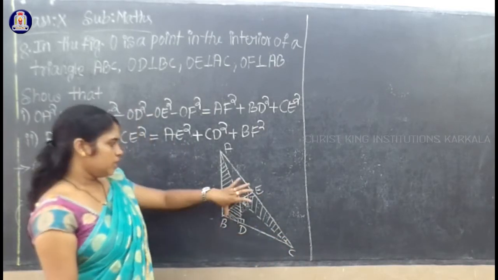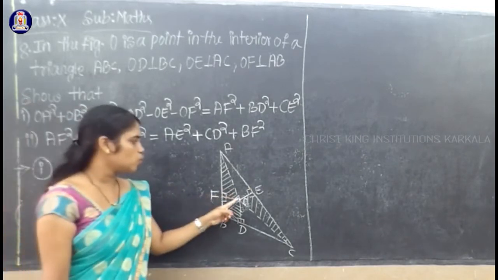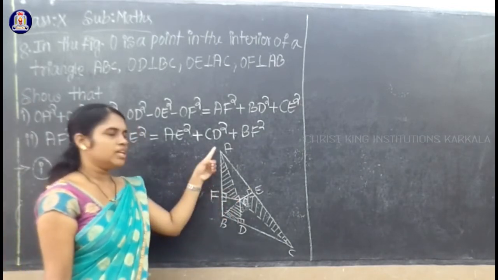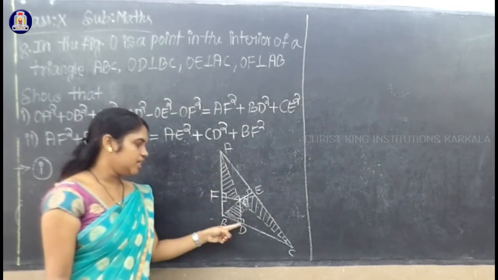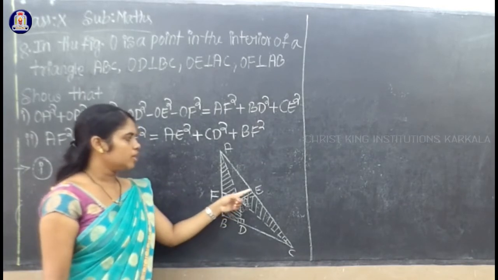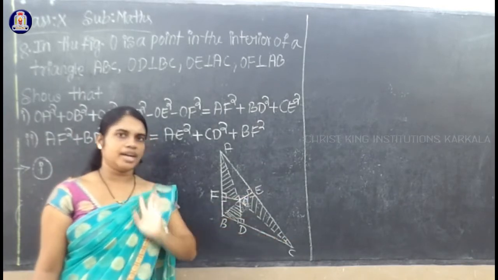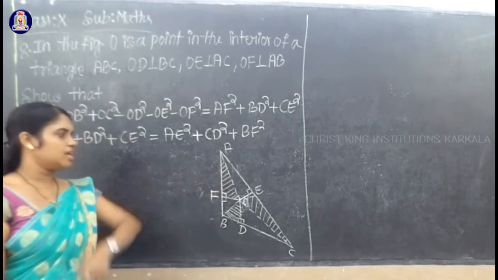Understood now? So I will shade these three right angled triangles. Which are those? OFA is the first right angled triangle, ODB the second, OEC the third. Understood now?